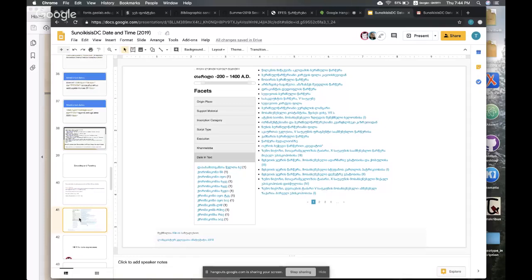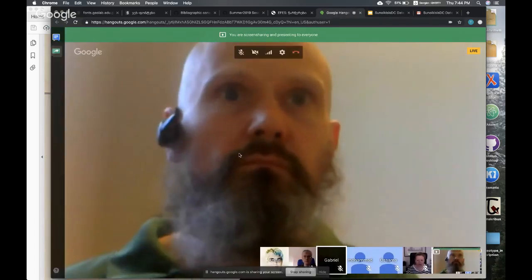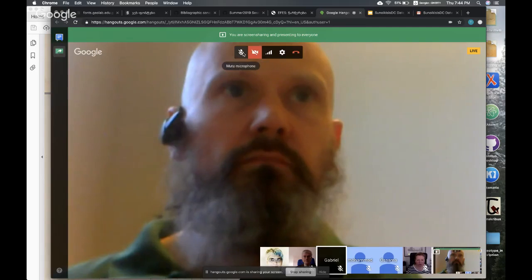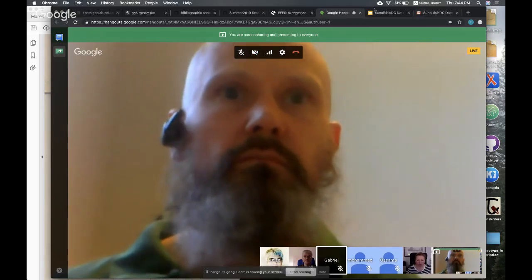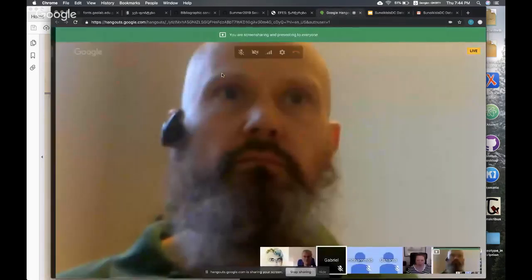And in facets, you can see the inscriptions which have this Georgian Koronikon date with its numbers, and you can just go to the inscription and see the whole page of the inscription. That's the end of my example.